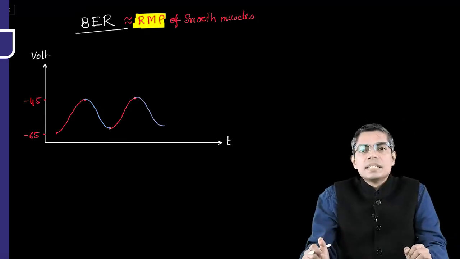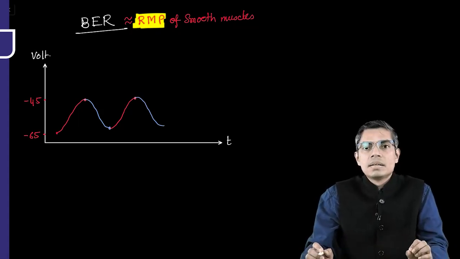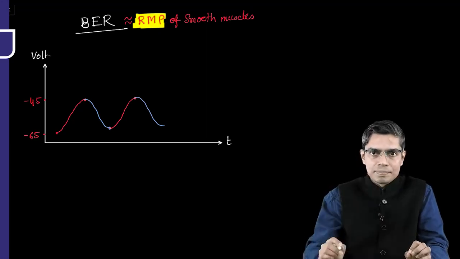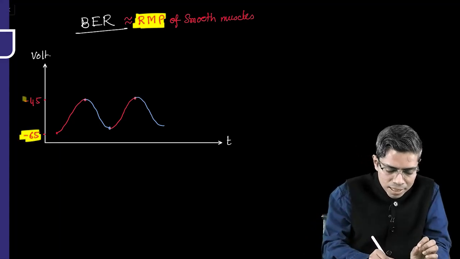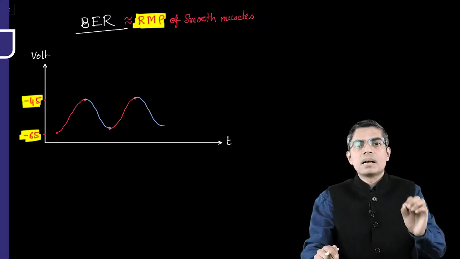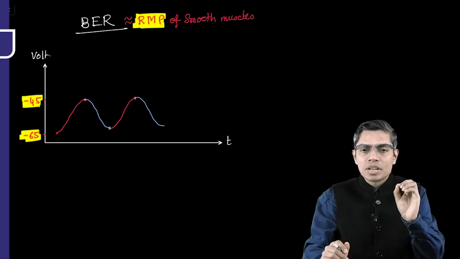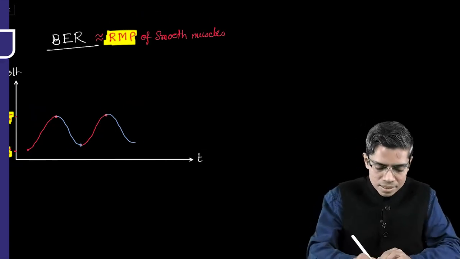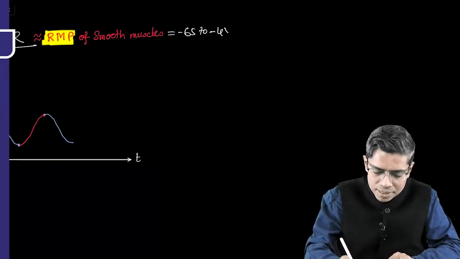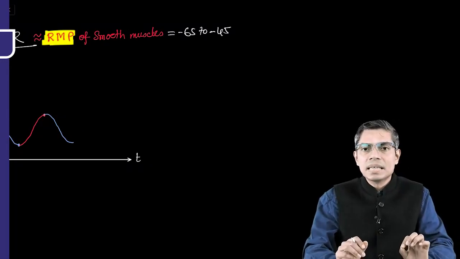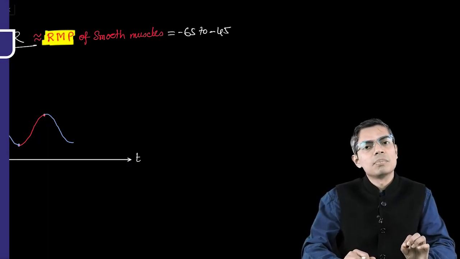So what we are finding here is that the GI smooth muscle RMP is not a fixed voltage; rather, the electrical voltage is fluctuating, undulating from minus 65 to minus 45 millivolt. This constant fluctuation of the RMP from minus 65 millivolt to minus 45 millivolt is known as the basic electrical rhythm or basal electrical rhythm of the GIT.